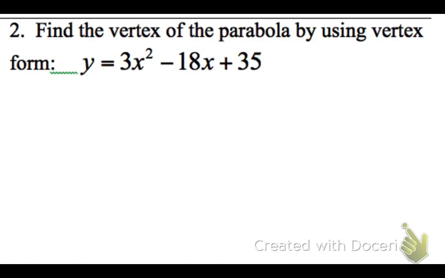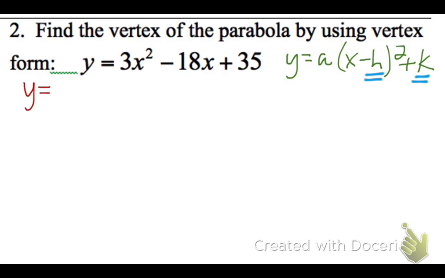Find the vertex of the parabola by using vertex form. Vertex form is y equals a times x minus h squared, plus k. This form is helpful because you can quickly tell what the vertex is, h comma k. Here it's not written in that form, so we're going to have to complete the square. So we'd have y equals, we're going to factor a 3 out of the first two terms, and we'll leave ourselves a little space, plus blank.